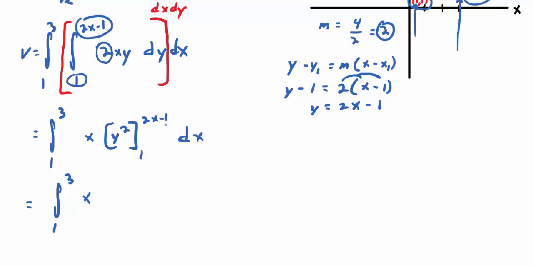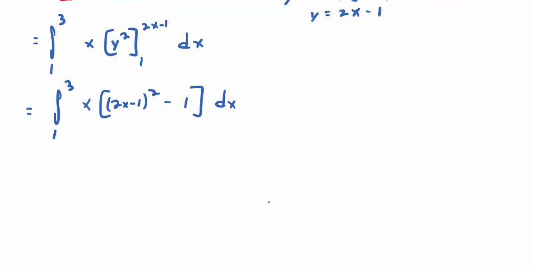Okay, so then what do we have? If we apply the fundamental theorem, plug in the 2x minus 1 for y, so we have to square it. That's plugging in the upper limit. Plug in the lower limit, you get minus 1 squared, which is just minus 1. Before we evaluate this integral, go ahead and multiply this out.